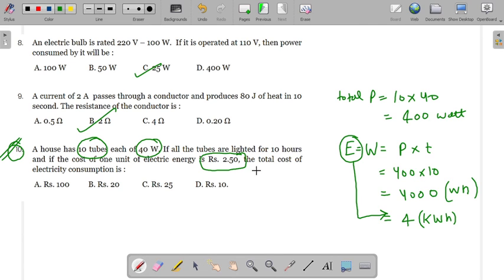It means the total cost of electricity consumption. For cost, we have to multiply energy into rate.